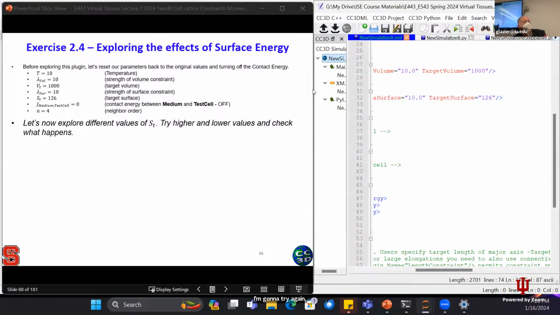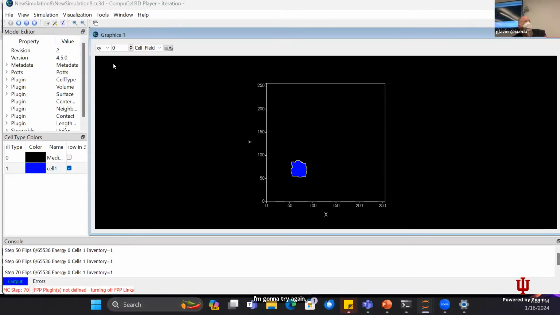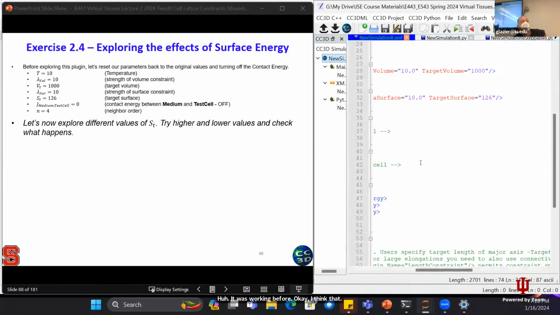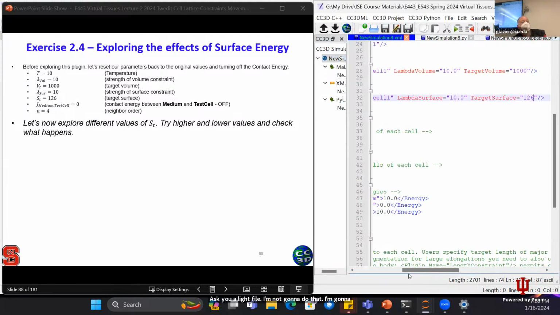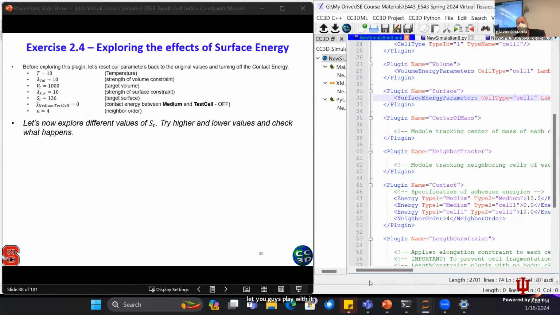Interesting. Yeah, it's not redrawing the screen. Huh. It was working before. Okay, well, that SQLite file. I'm not going to do that. I'm going to let you guys play with it. If it's not affecting anybody else, I'm not going to worry about it.